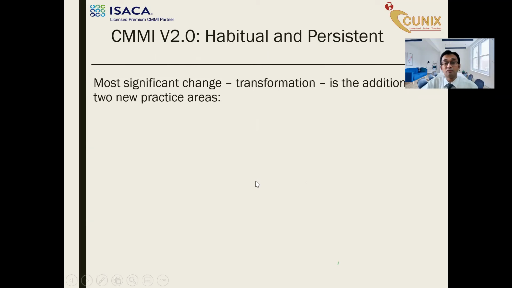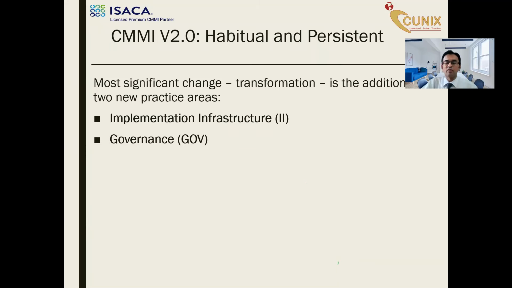And then we have another significant transformation. I would call this the biggest difference. You remember generic practices, right? Now, generic practices are removed. So what we have is two new practice areas which actually do something more than the generic practices. And those are implementation infrastructure and governance, II and GOV.